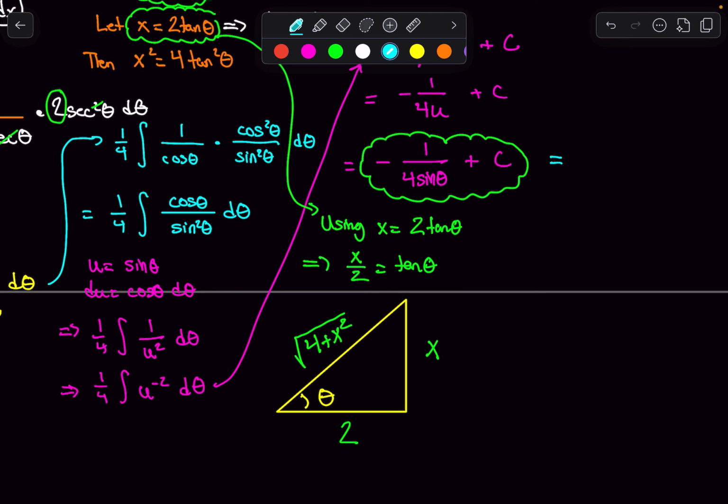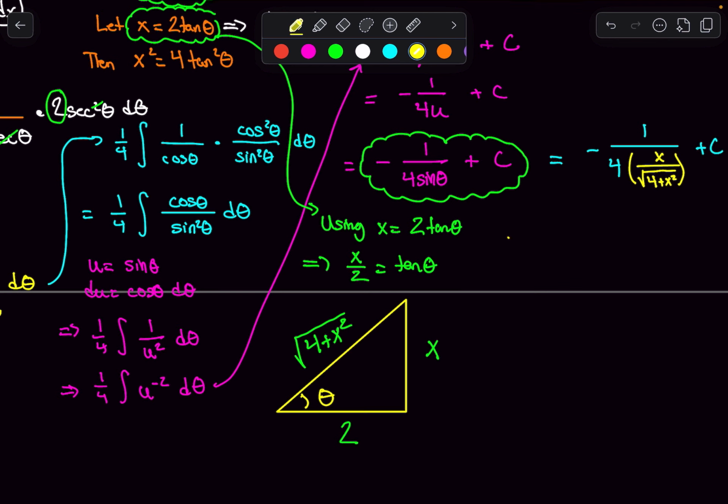And so from here, we get that sine, which is opposite over hypotenuse, is going to be -1 over, and then we're going to have a 4 multiplied by our opposite over hypotenuse, square root of 4 plus x squared, and then our plus c at the end.